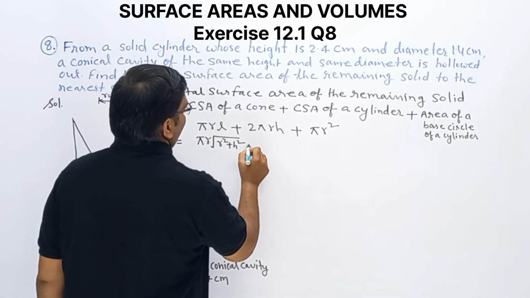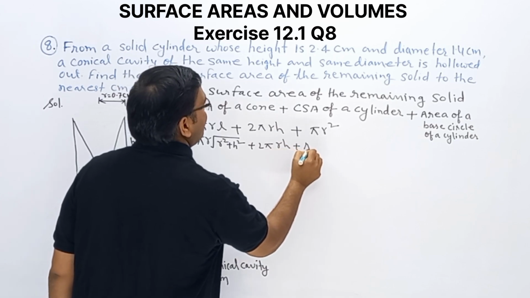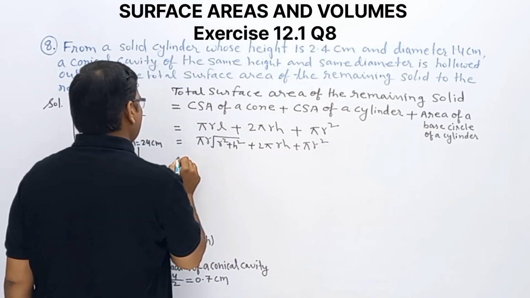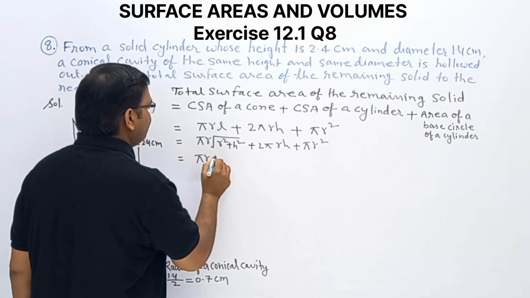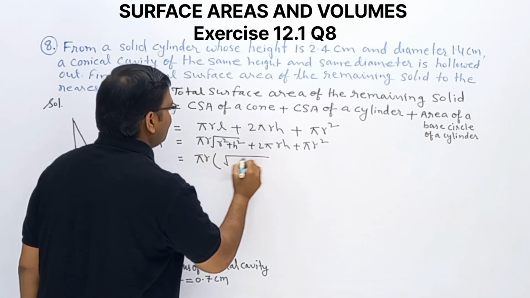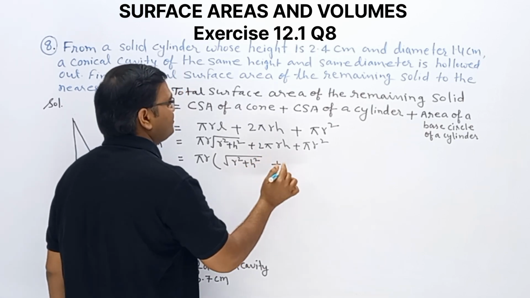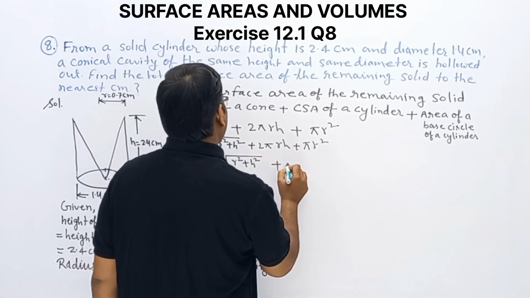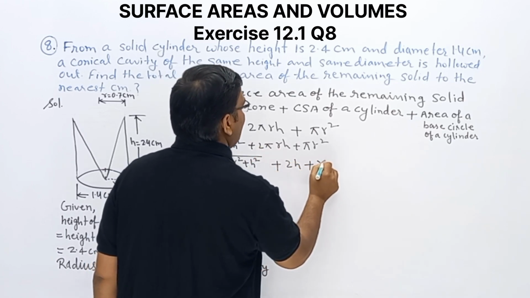Clear? Plus 2 pi r h plus pi r square. Now take pi r as common. What remains? Root of r square plus h square, plus, with pi r common, 2h plus r.